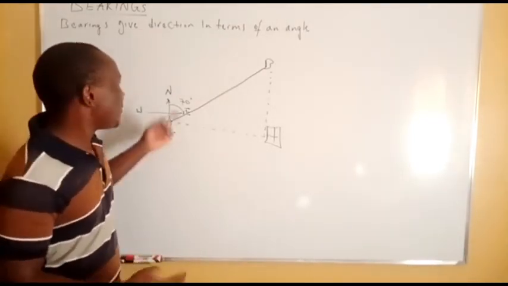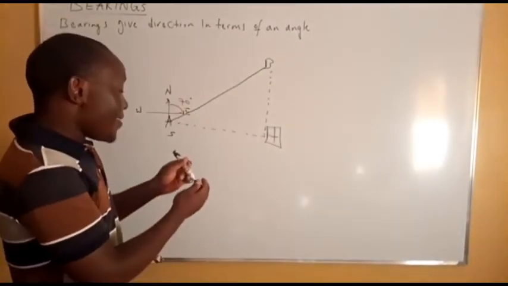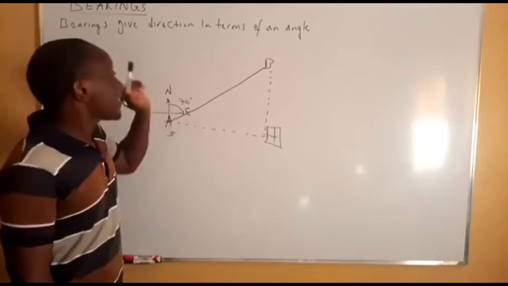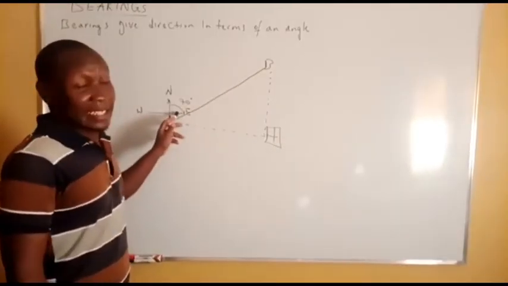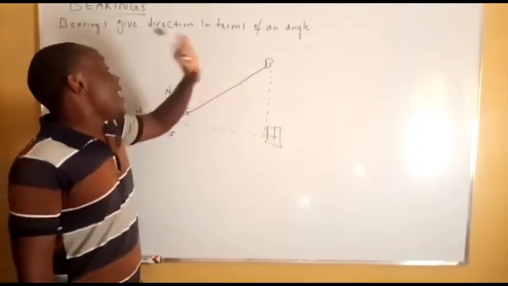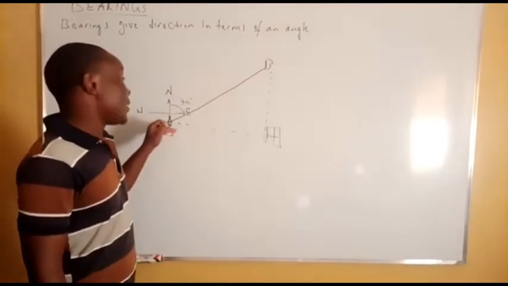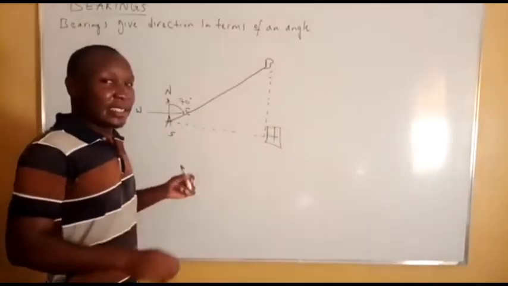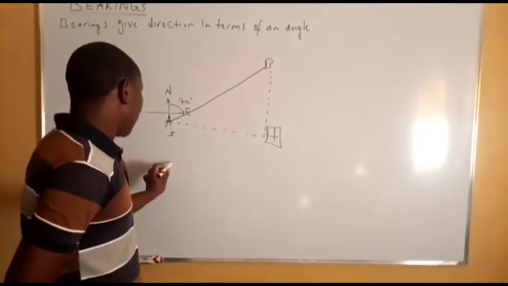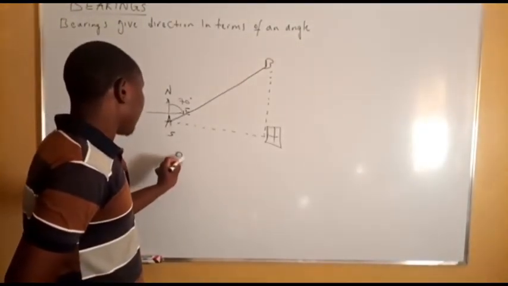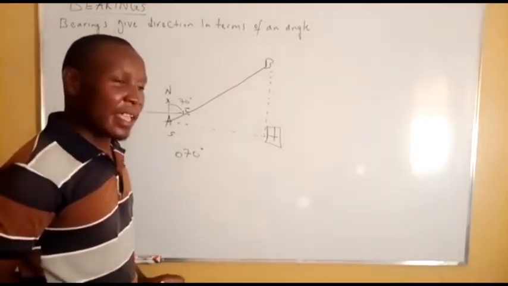For example, the bearing of town B from town A was 70 degrees. So for you to write this bearing, you say 070 degrees.